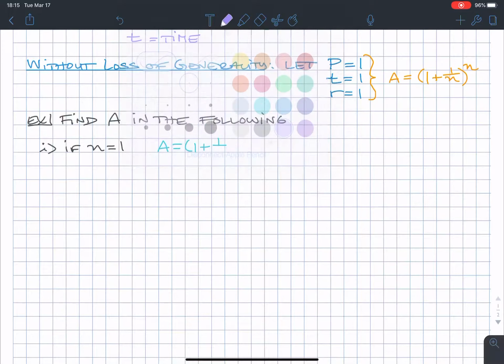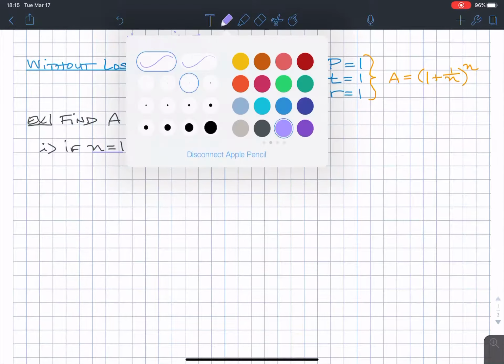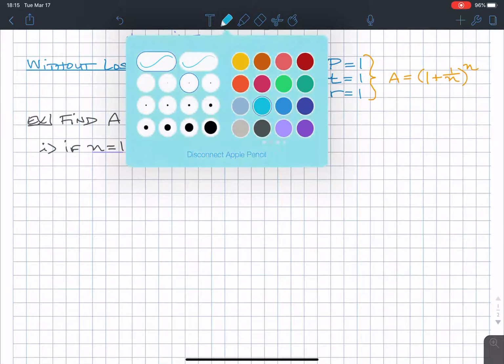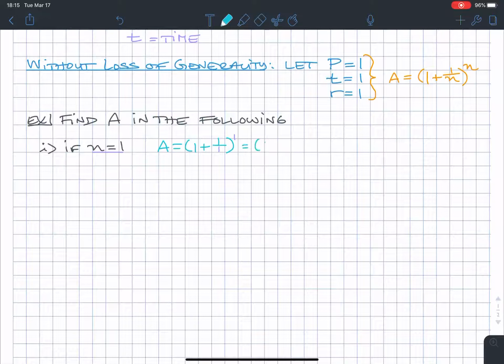In this case, n is 1, so I plug in 1 for n, all raised to the n, which is 1. So I get 1 plus 1 raised to the 1, which is 2 to the 1, which of course is 2. So I didn't really need a calculator for that one.